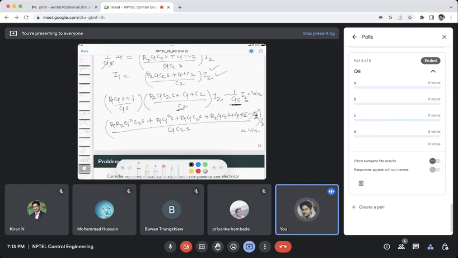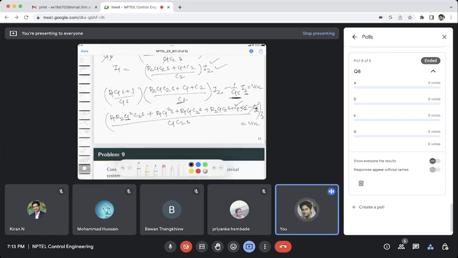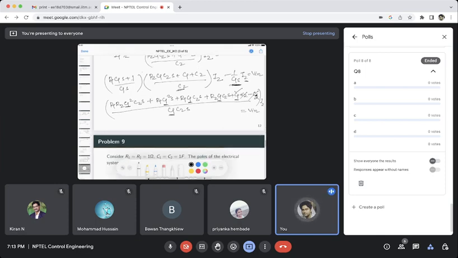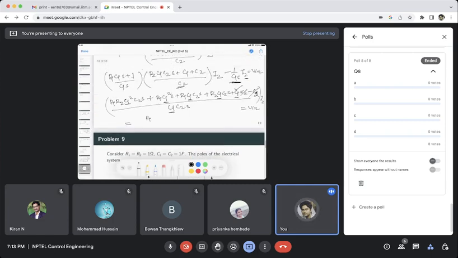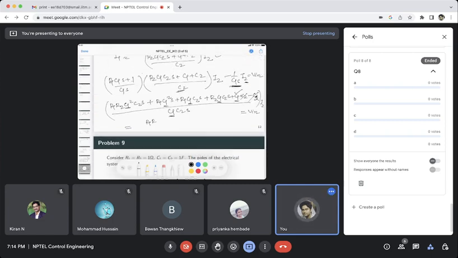You can cancel this C2 and take C1 common from each term and cancel out, so it will be R1 R2 C1 C2 s square plus R1 C1 plus R1 C2 plus R2 C2 s plus 1 by C2 s, times I2 equals V in.